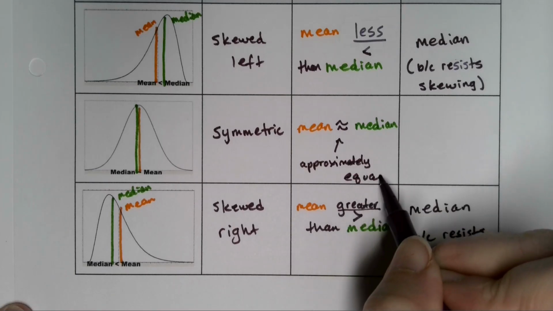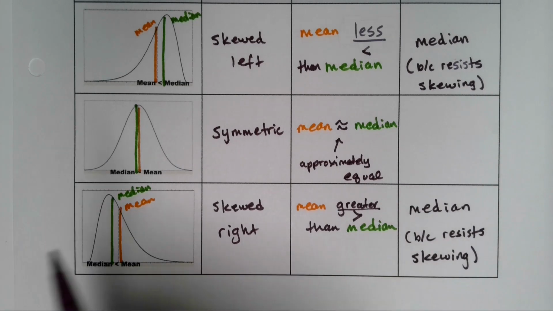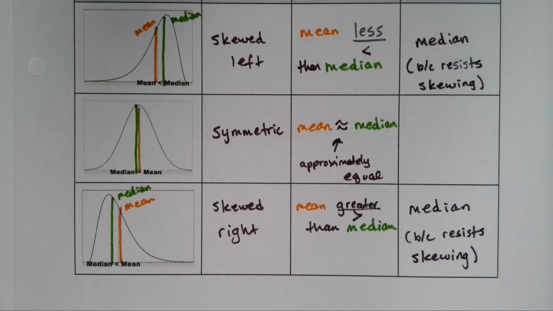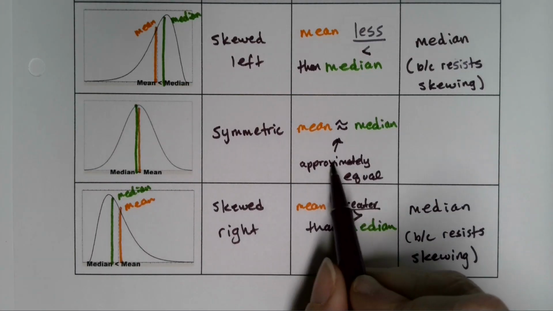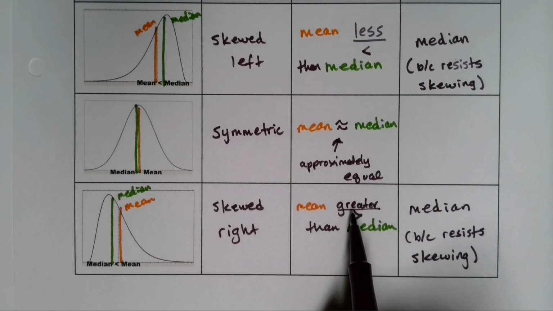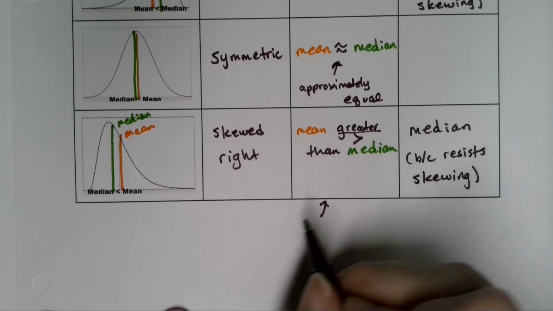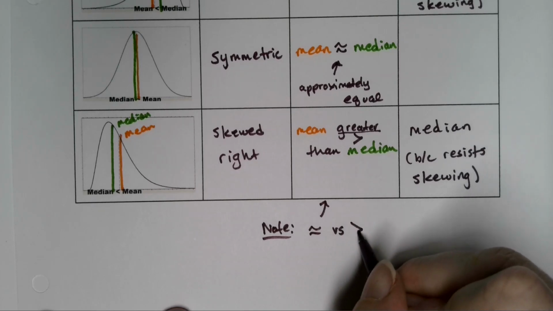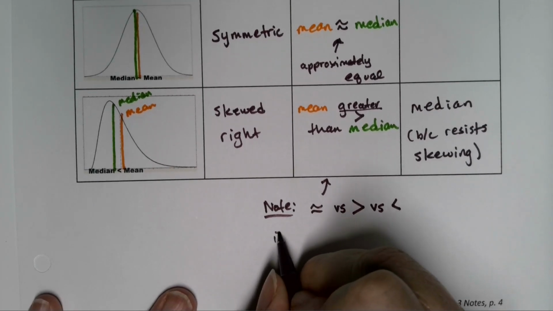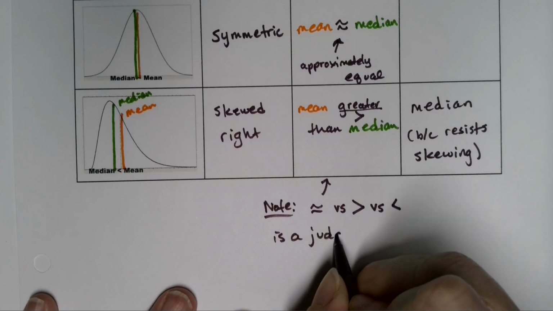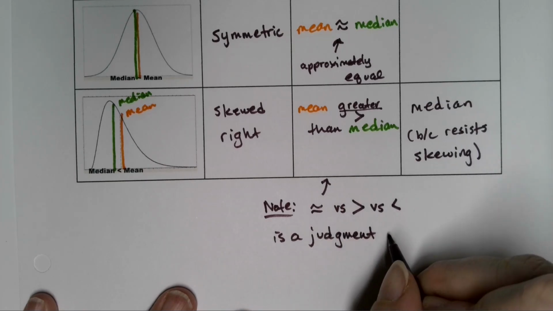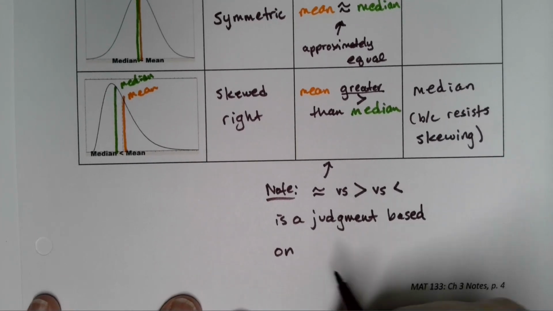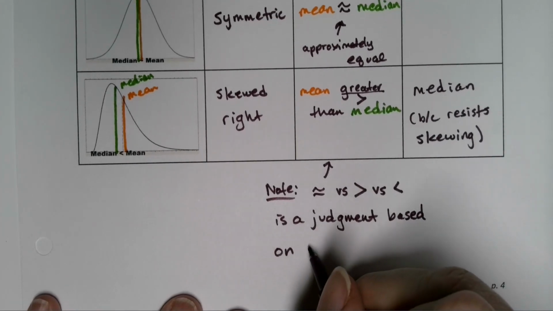Now, how close is close enough? That's a judgment call you have to make when you look at the data set and try to figure out if the numbers are close enough. So what counts as approximate, what counts as greater than, is a judgment call. So approximate versus greater than versus less than is a judgment call based on the size of the numbers in your data set and the real life values of what's going on.